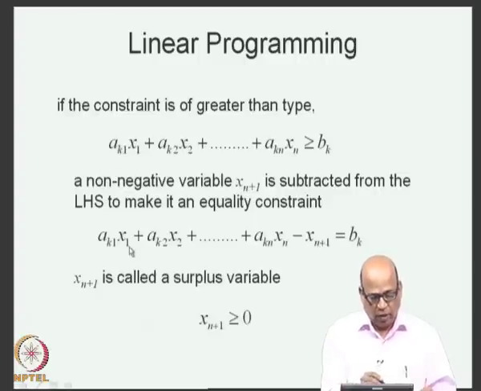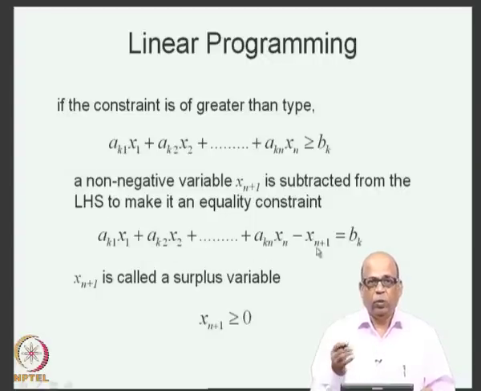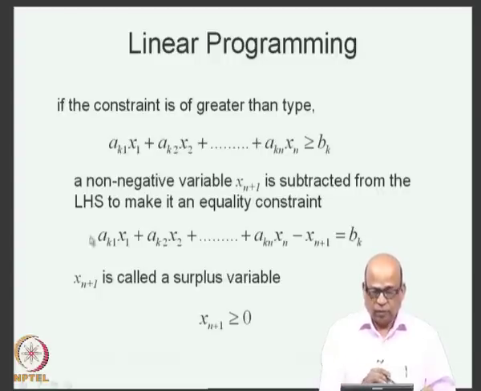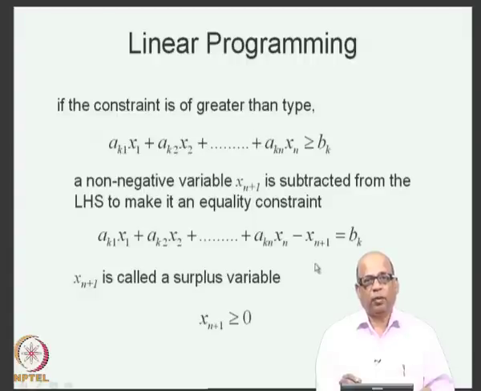So, a k 1 x 1 etcetera minus x n plus 1. So, you add another variable with a negative sign now in the constraint. The variable is non-negative, but you will deduct it from the left hand side, and this is called a surplus variable. There was a surplus on the left hand side, you are reducing that by deducting a surplus variable, and this surplus variable is also non-negative.